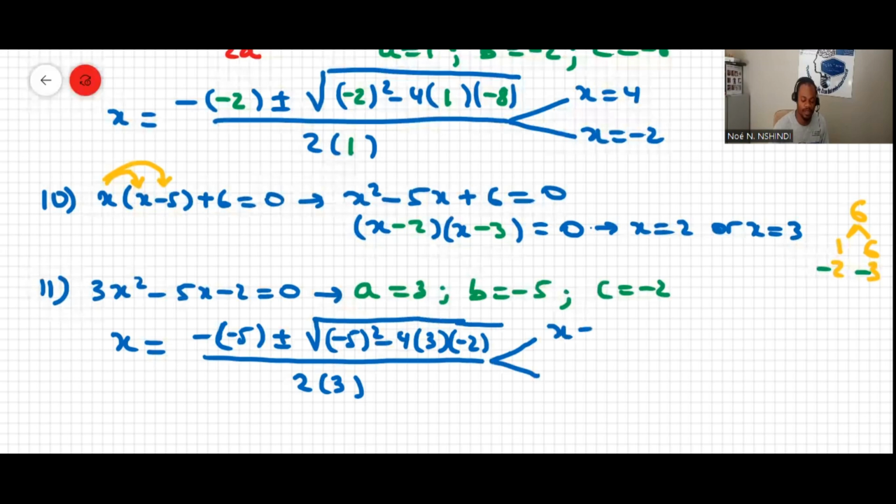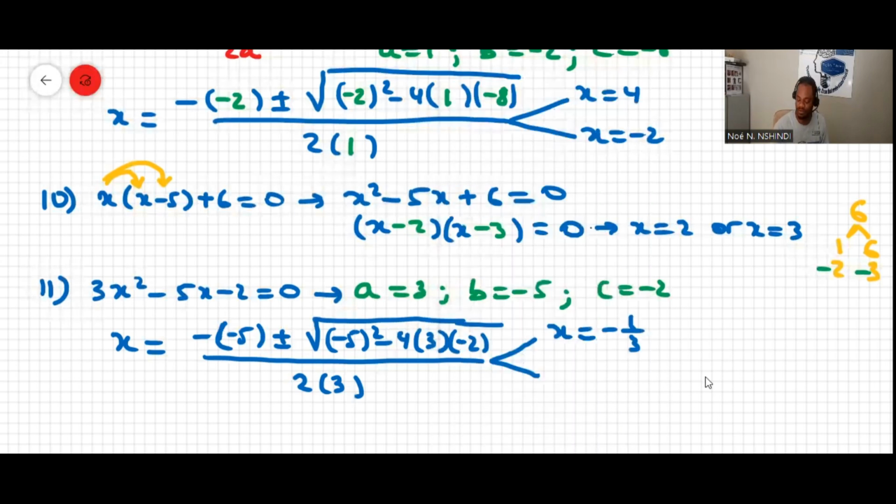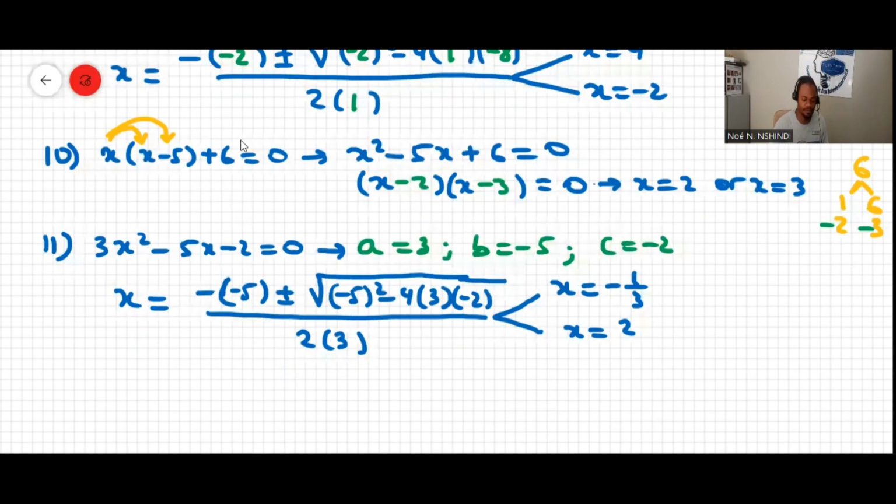We already found that x can be -1/3, and over here we will change the sign. We put the positive also. Positive and then equal, that's 2. So x equals 2. Okay, that was question 11.